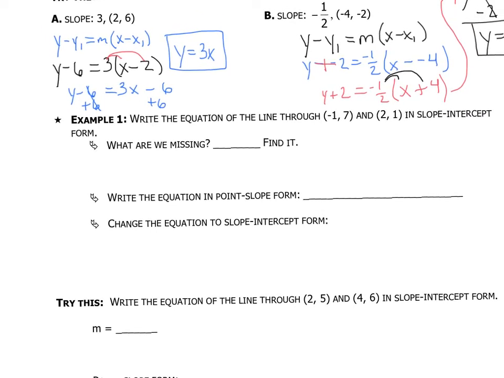Example 1 says write the equation of the line through points negative 1, 7, and 2, 1 in slope-intercept form. What are we missing? Here's where you have a problem, because you're just given 2 points. I'm like, okay, this is the point-slope formula. I'm supposed to be given a point and a slope. Well, I have 2 points, and I'm missing the slope.